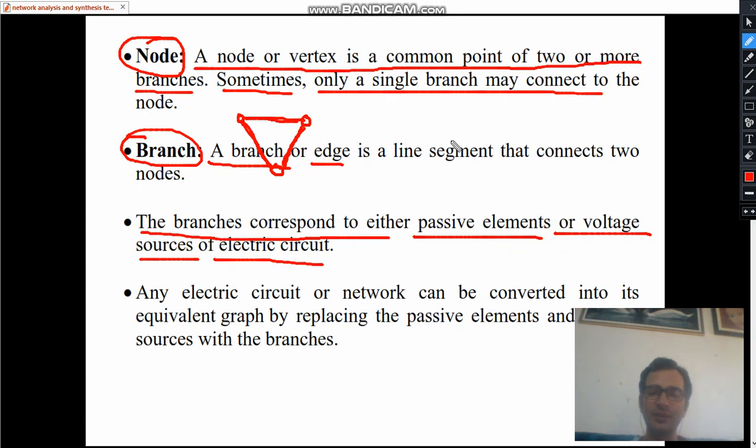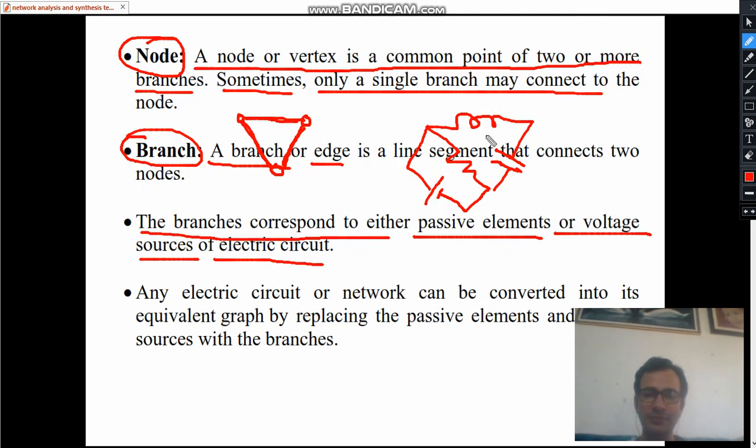So if suppose we are having any inductance or capacitance or resistances, or any voltage source, then in the representation in terms of graph theory, the network graph of this will be like this.